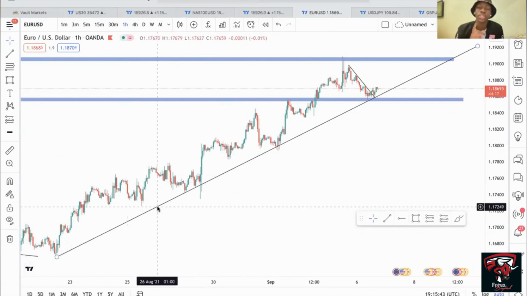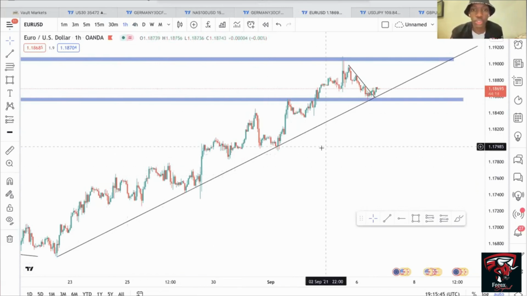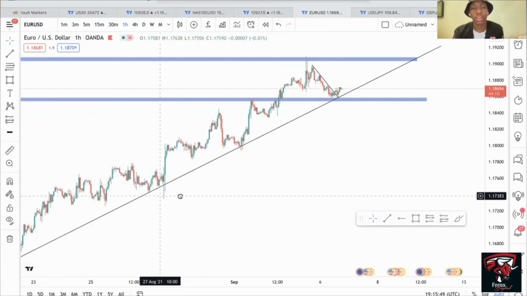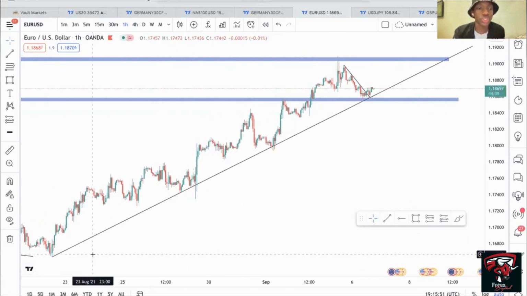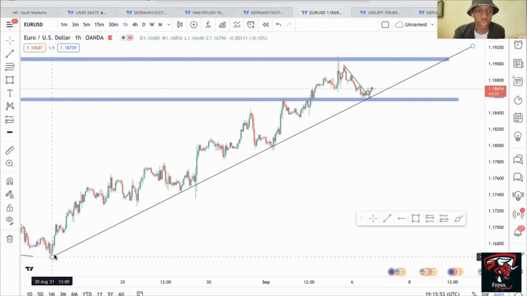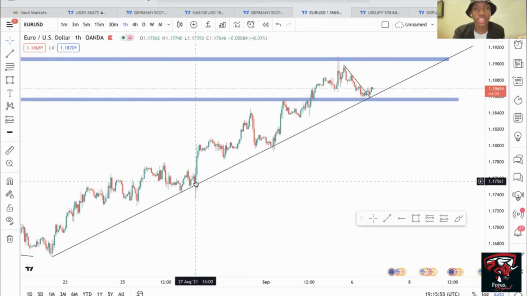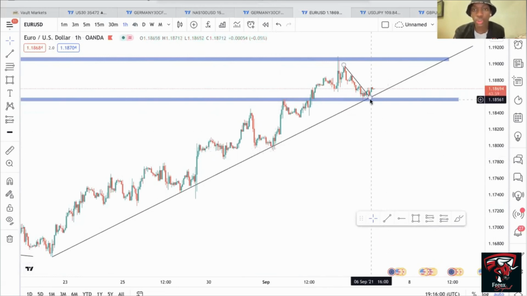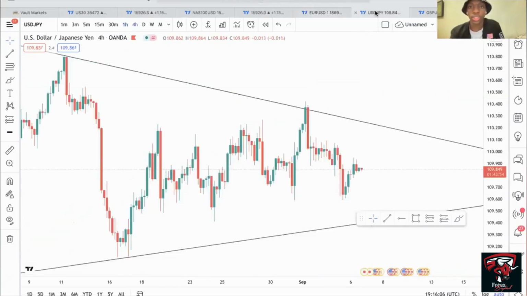I'll cover this in the next session to go in depth. But you never cut wicks, guys. Here I'm not cutting the wicks. I've drawn the trend line on the lows. You check: first low, second low, and this is just a wick. This low over here, true, then a wick below. But I haven't cut. If I cut, it wouldn't have reached this low. I hope that makes sense.